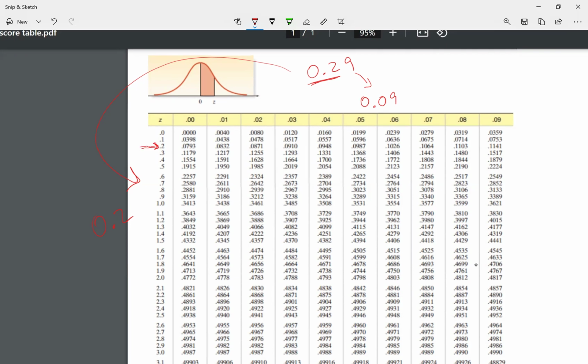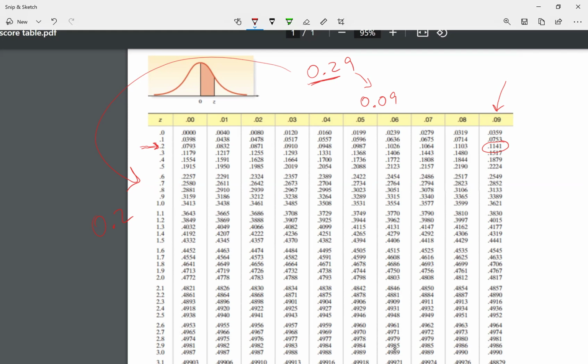On the top, I'm looking at 0.09, which is right here. So 0.29 happens to be 0.1141. Remember, we said probability is a decimal between 0 and 1. So 0.1141 sounds about perfect.